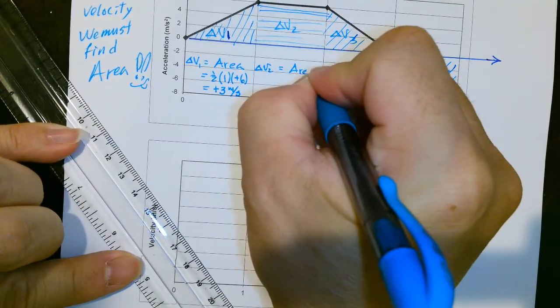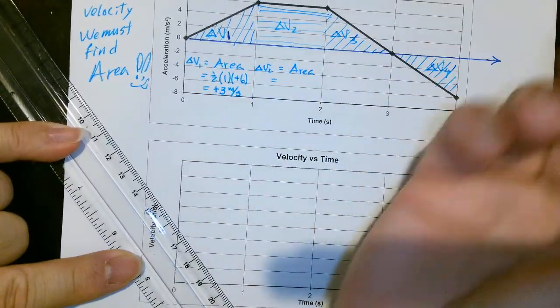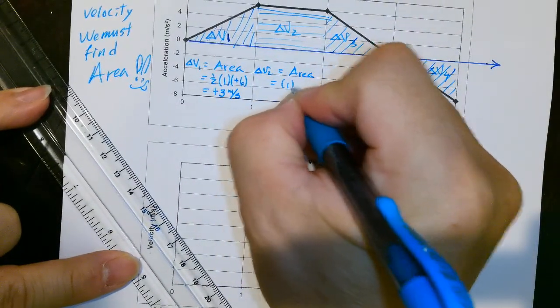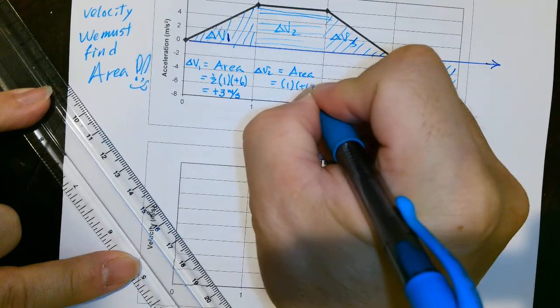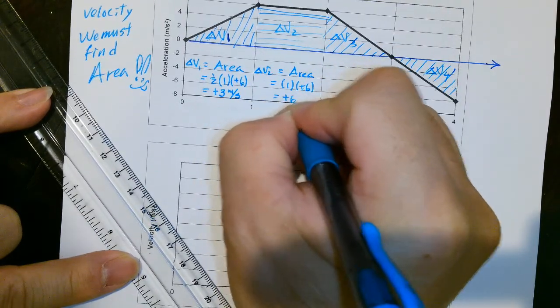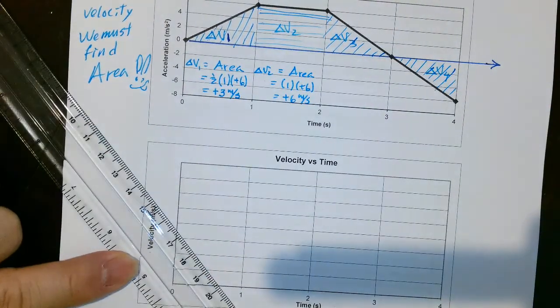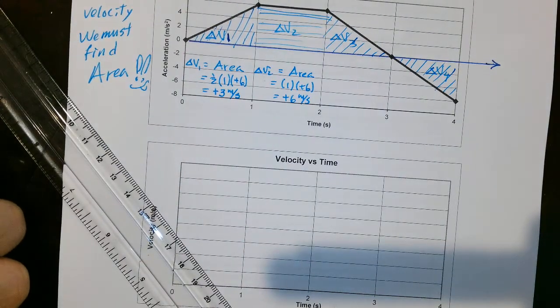Again, it's the area, and this area is just a rectangle, so it's base times height, so it's 1 times positive 6, and this becomes positive 6 meters per second as my change in velocity.